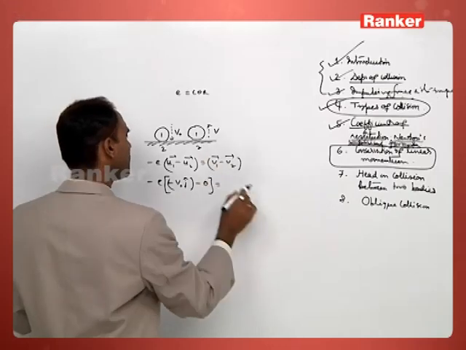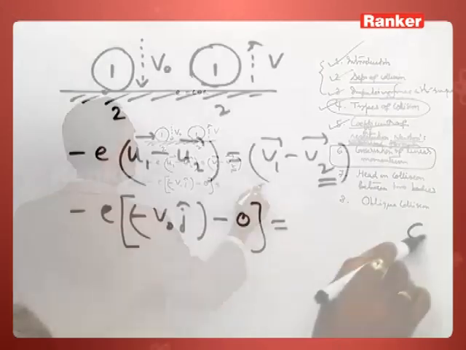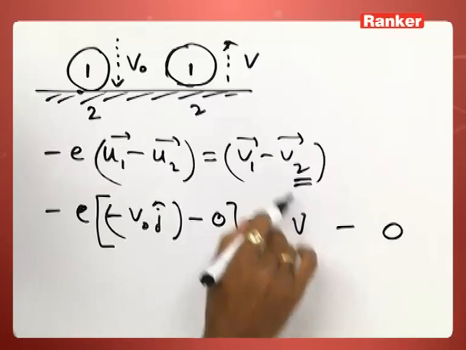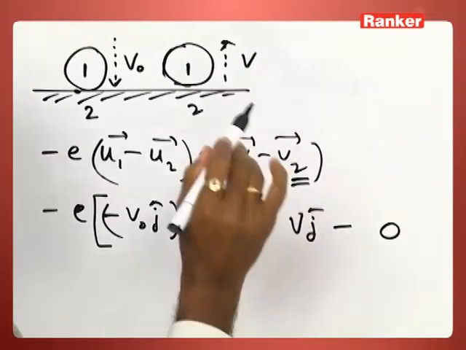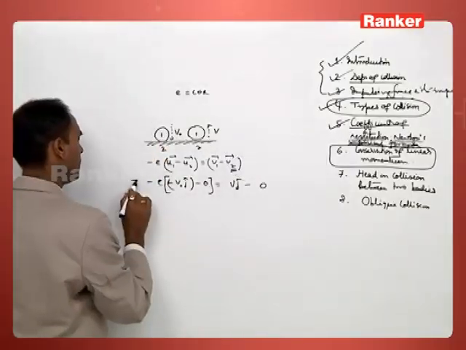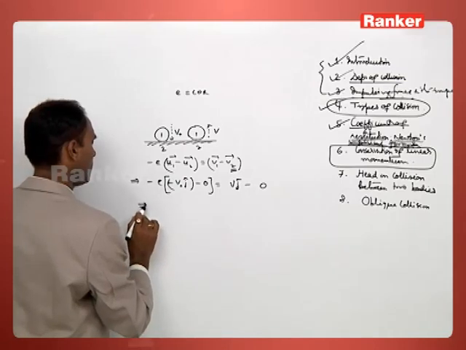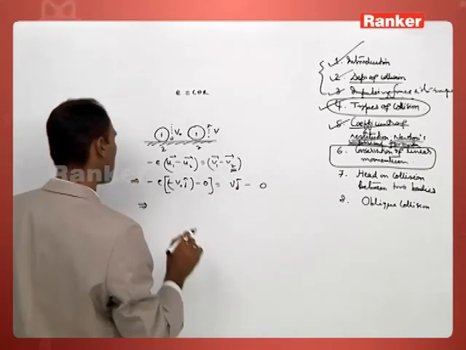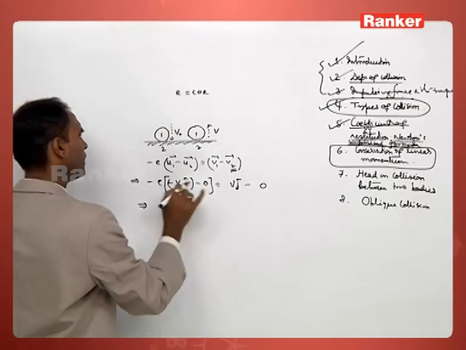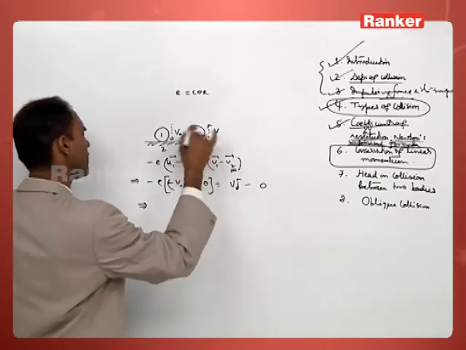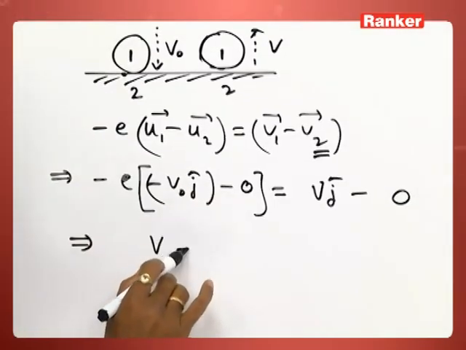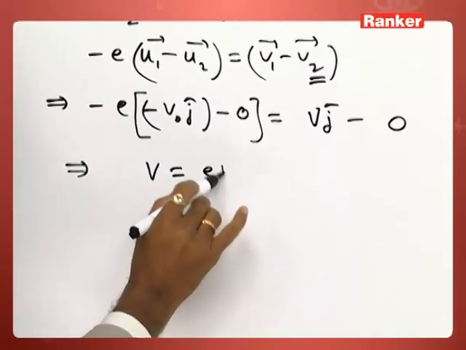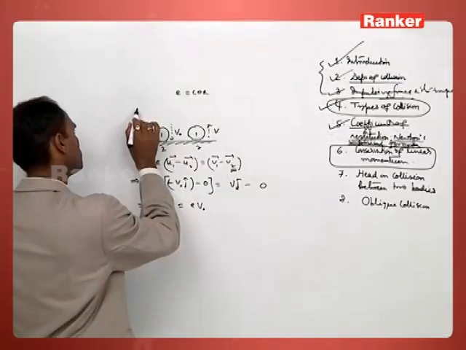Since the ground is at rest, v2 will be equal to 0, and v1 we assume to be v j cap. Using Newton's empirical formula, the final velocity just after the collision will be equal to e into v naught.